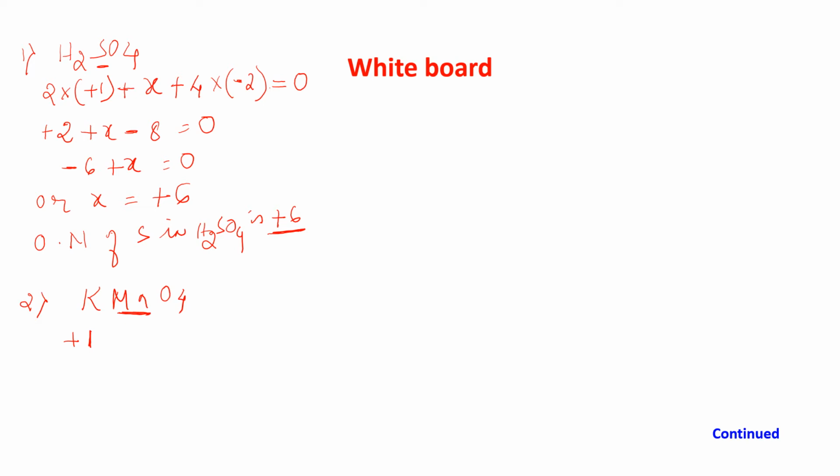So manganese is plus X. Then oxygen is -2. I am having 4. So plus 4 into -2, and this is a neutral molecule, so which will be equal to 0. This is plus 1 plus X minus 8 is equals to 0. So X minus 7 is equals to 0. X is equals to plus 7. So the oxidation number of manganese in KMnO4 is plus 7.